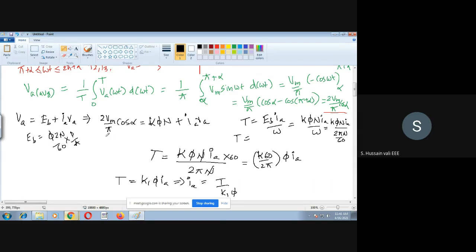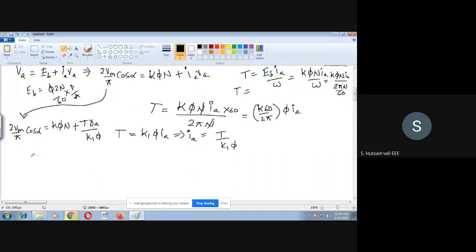So let me bring this equation here. Then 2Vm by pi into cos alpha is equal to k phi n plus T into Ra by k1 phi. Yeah, we can write this equation. Then further we can simplify this.